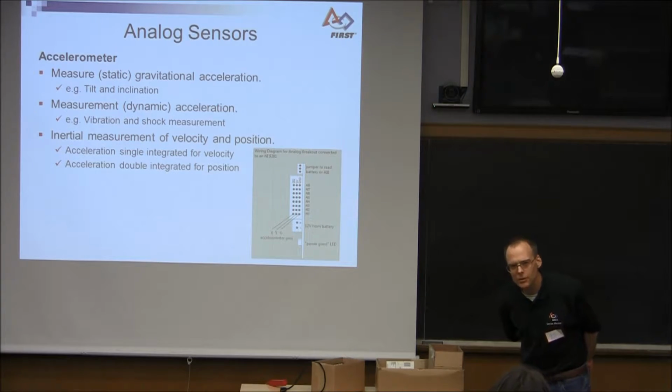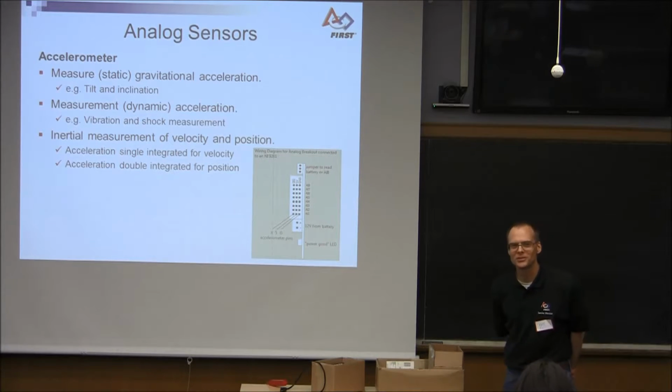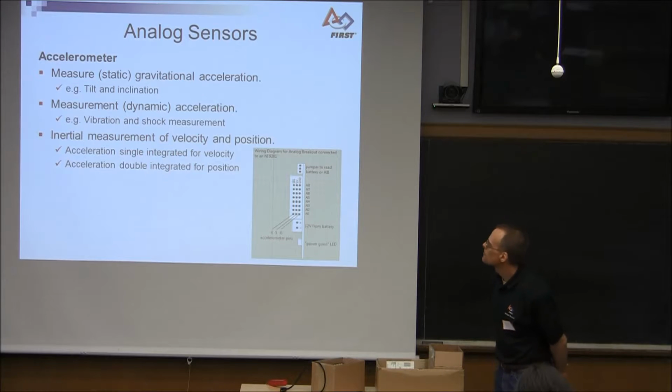Everybody had calculus? Anybody had calculus? Long time ago? Okay. Well, you can use an accelerometer to give yourself not only your velocity, but also your position. Now, I'm telling you this because it's possible and it's in all the literature.